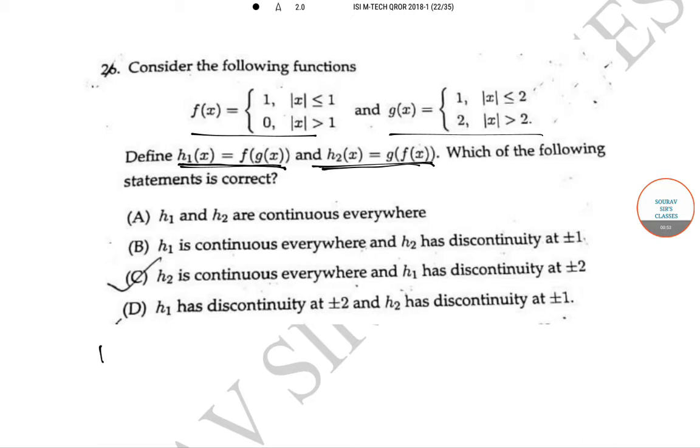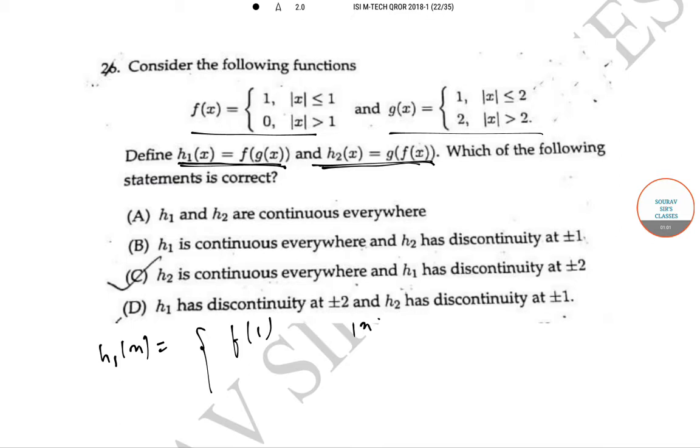So, h1(x) is equal to f(1) for |x| less than or equal to 2 and f(2) for |x| greater than 2. That is 1 for |x| less than or equal to 2 and 0 for |x| greater than 2.